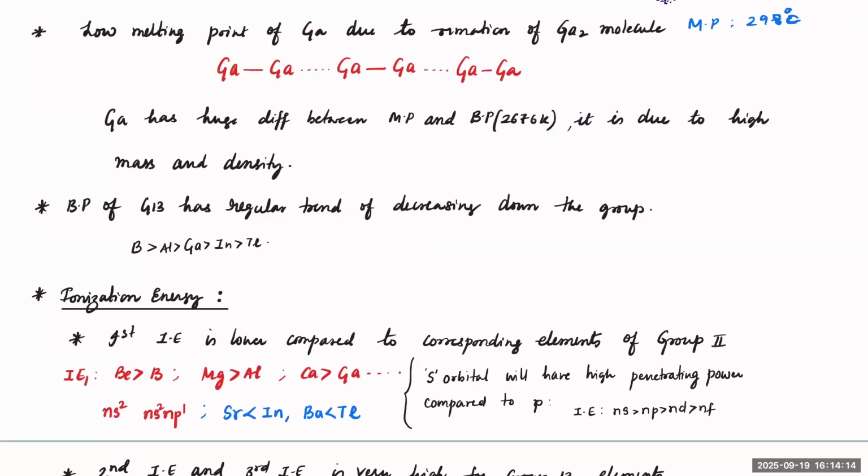Now this accounts for a larger density and higher mass when it comes to boiling point. And generally group 13's boiling point trend will always decrease down the group. Clear? So this is the order in which it will go: boron, aluminium, gallium. Clear?